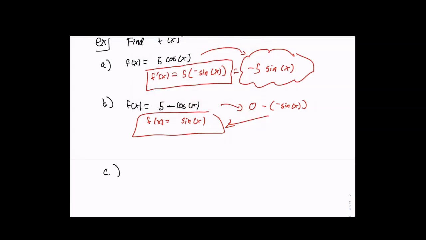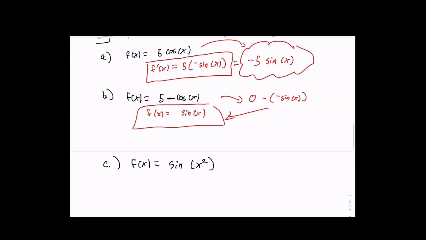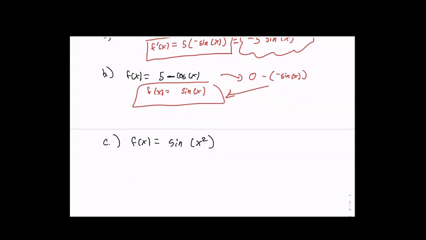Example C. f of x equals sine of x squared. Oh, actually, no, wait, I'll get there. Sine of 5x.